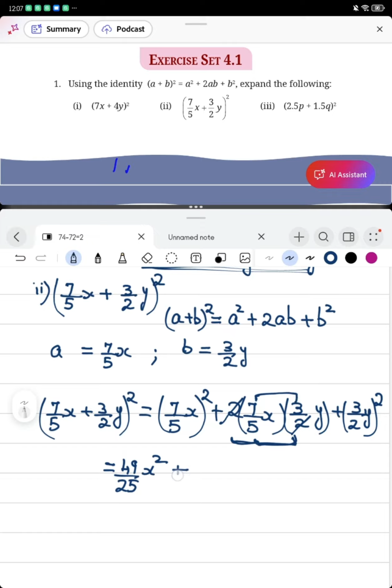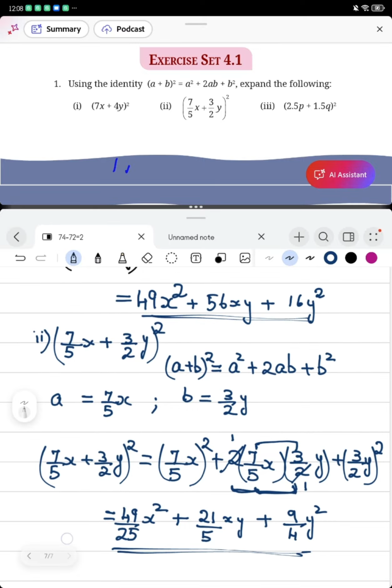So we put the sign plus. 7 3s are 21 divided by denominator. There is only 5, because if you cut this, 2 divided by 2 is 1. So we write it this way, and then this is xy. Then we multiply 3 into 3, 9 divided by 4 y square. That's all. This is how we expand.